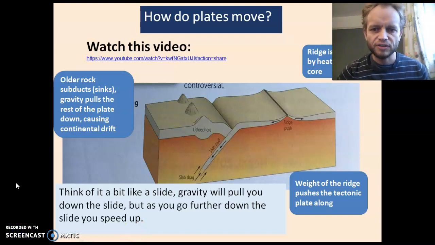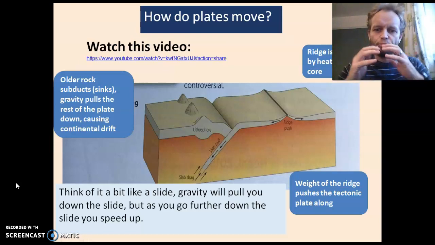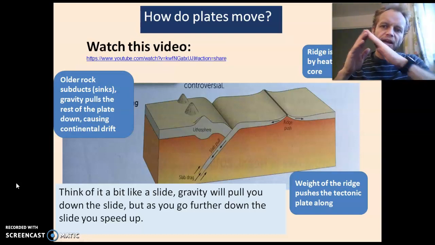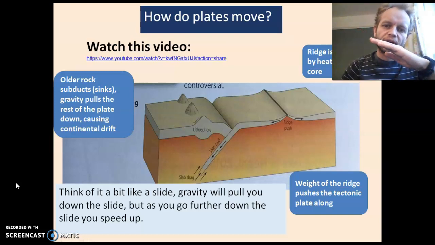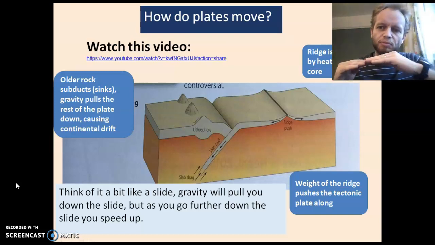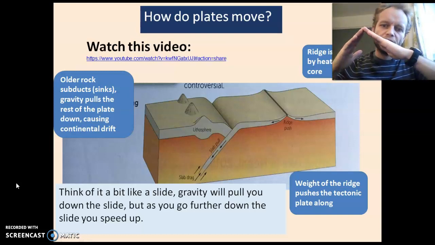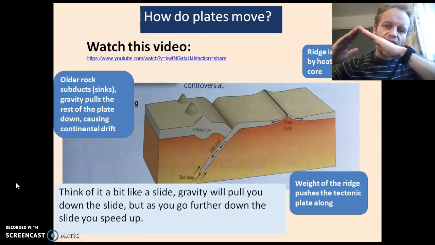Okay, so what you should have seen during the video is that we have this thing called ridge push and slab pull, which helps move the tectonic plates. As the heat from the core rises, it pushes up the ridge, and then it's at a slight angle. So gravity helps to push the tectonic plates down. There's that movement because they've been pushed up by the heat of the mantle, and then it's kind of like a slide.